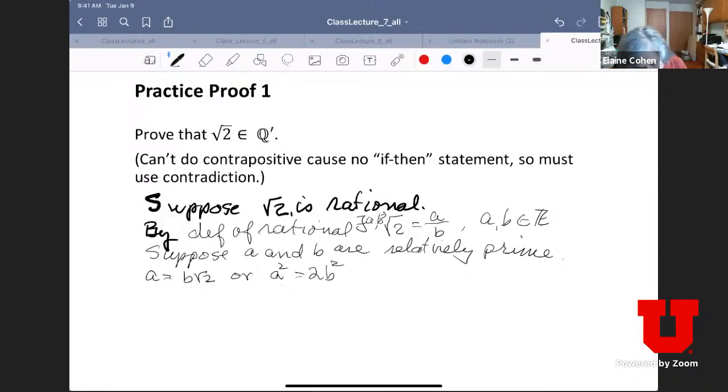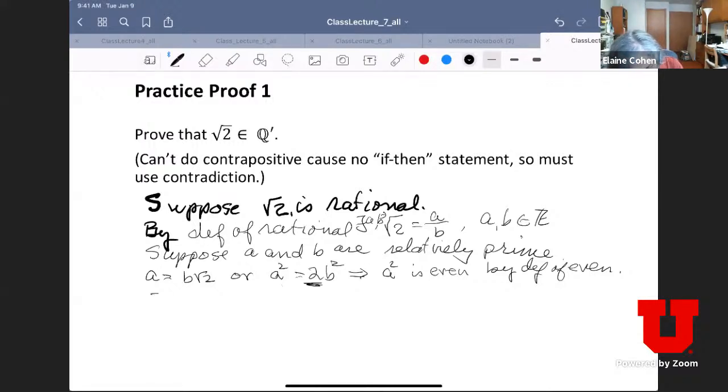So what do we know here? Since we have a divisor of 2 on the right, that implies that a squared is even by the definition of even. Okay.